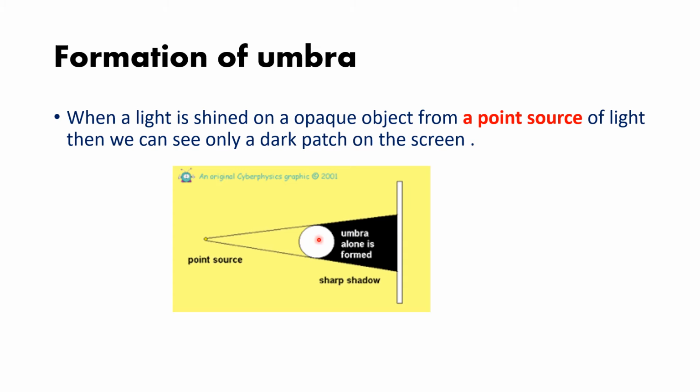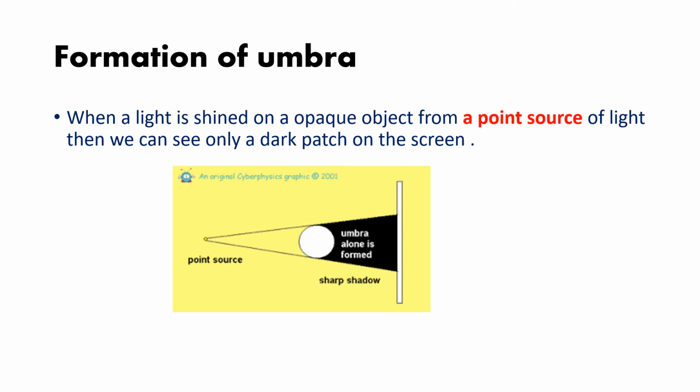All the area where this light is striking, that part we will obtain as a dark patch on the screen. No light is reaching this portion, so it is called umbra. The portion where no light reaches on the screen is called the umbra.